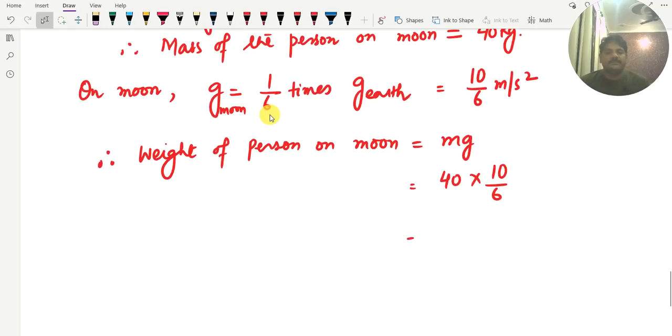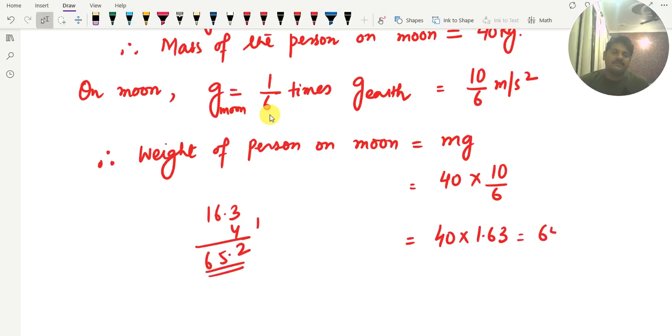This is 40 into 1.63, so 16.3 into 4. So it is 65.2 Newton. This is the value on moon. What would be his weight on earth?